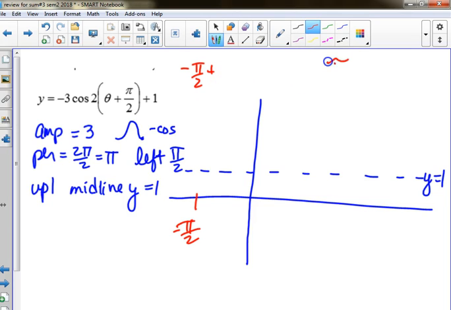What are the quarter points? Take the period, right? Divide it by 4, and you get pi over 4, yes? That's what you're going to add on to the phase shift over and over and over.